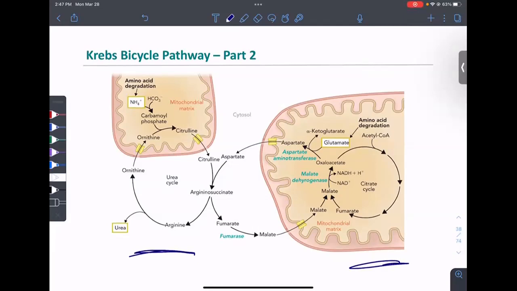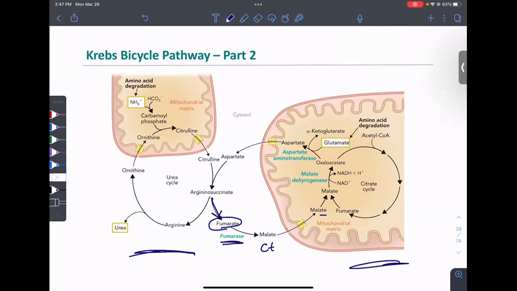We make fumarate as a product of the urea cycle. Fumarase will convert fumarate to malate. That's cytosolic malate. Cytosolic malate is pumped into the mitochondria. So now we have malate in the mitochondrial matrix, which is where we need the citrate cycle to occur.